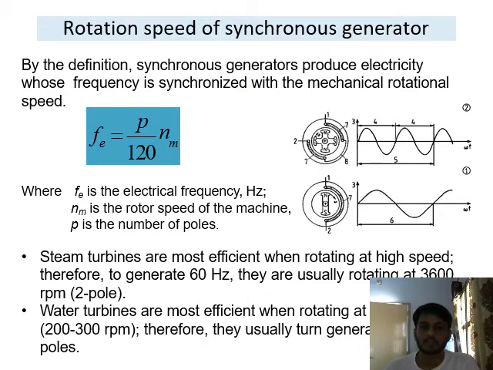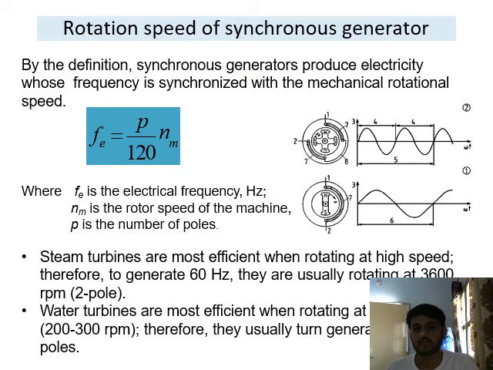Steam turbines are most efficient when rotating at high speed. Therefore, to generate 60 hertz, they usually rotate at 3600 rpm with 2 poles, and if we increase the poles, the speed will be down. Water turbines are most efficient when rotating at a normal speed of 200 to 300 rpm.